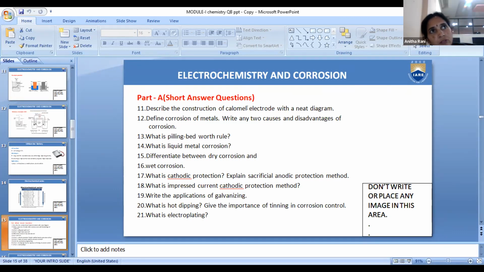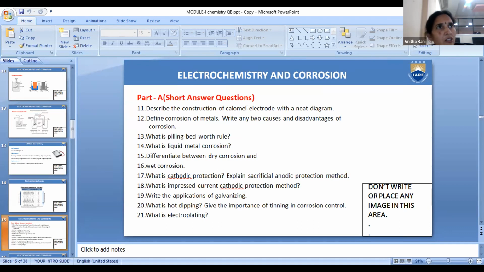Then KCl solution. After taking this, you insert a platinum wire to make electrical contact, to connect to the device. So this is the construction of the calomel electrode.